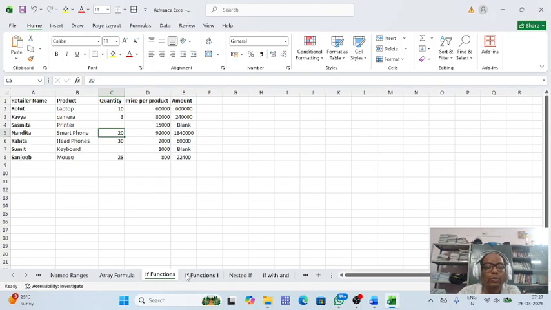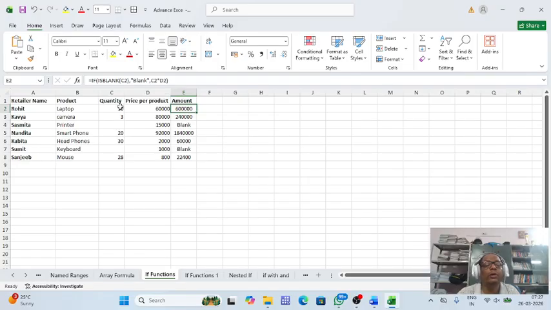Now suppose we'll be applying this. So how to apply this? The data is given, so you'll be applying it here. IF ISBLANK C2, we're talking about quantity. Price is always there. So if quantity is blank, then the output will be blank. So if ISBLANK C2, C2 means this, then the output will be blank.